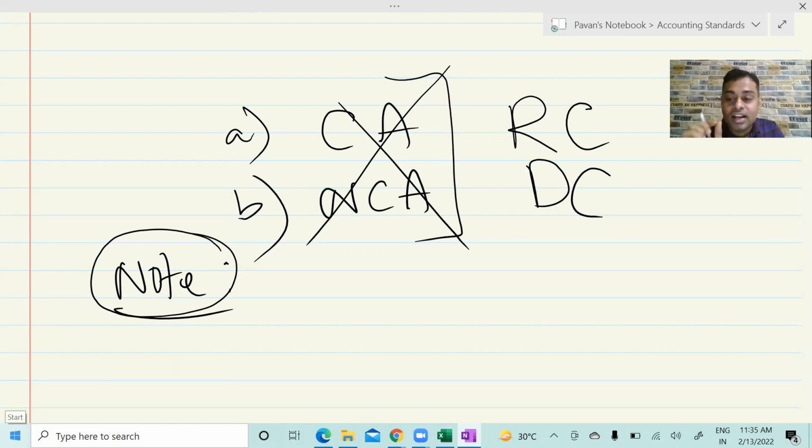So, cost of internally generated intangible assets should be classified into two. What is that? A, research cost, B, development cost. Next point.